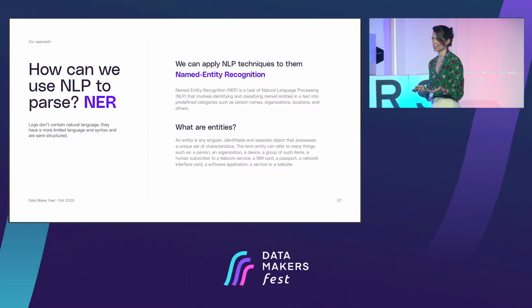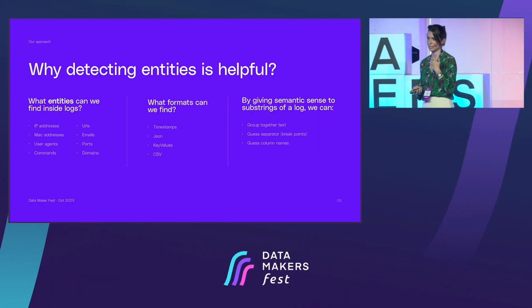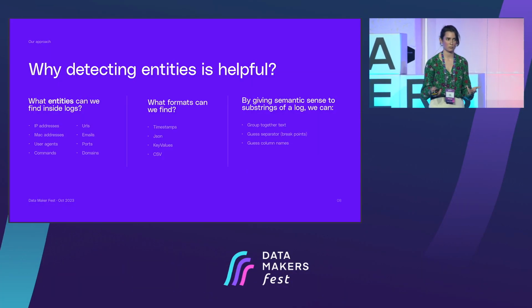Briefly, we're going to detect entities. Entities can refer to many things, but a general definition could be anything that is separate, identifiable, and has a set of characteristics. In my case, I was obviously interested in the entities we can find in logs.